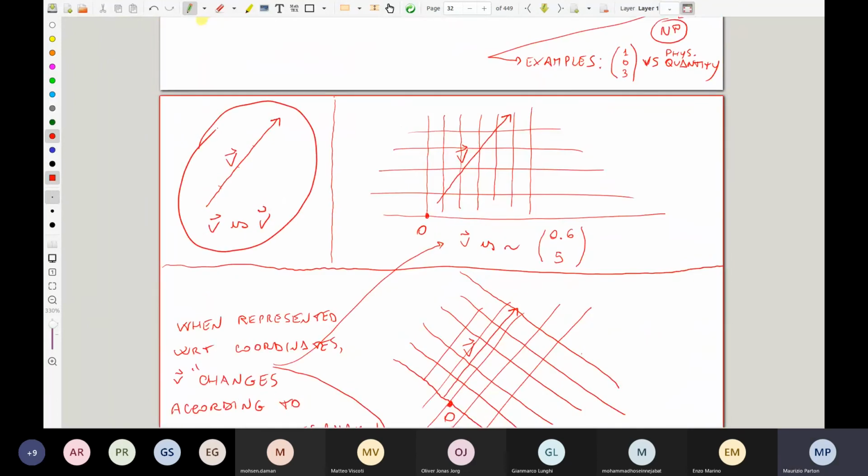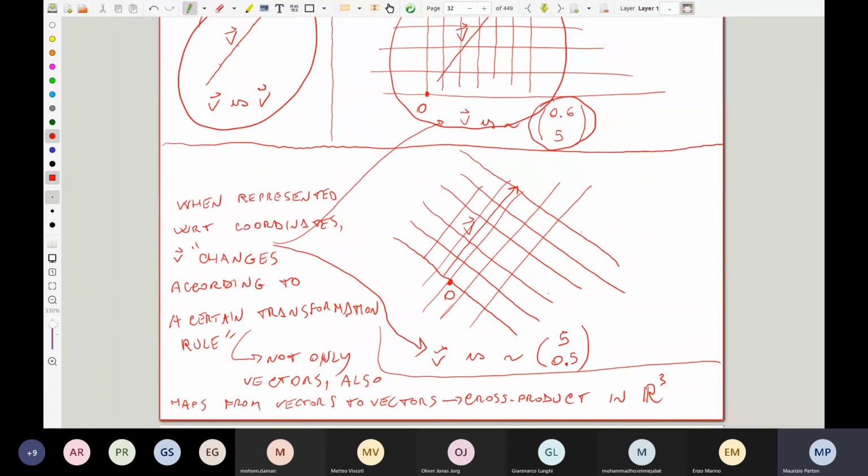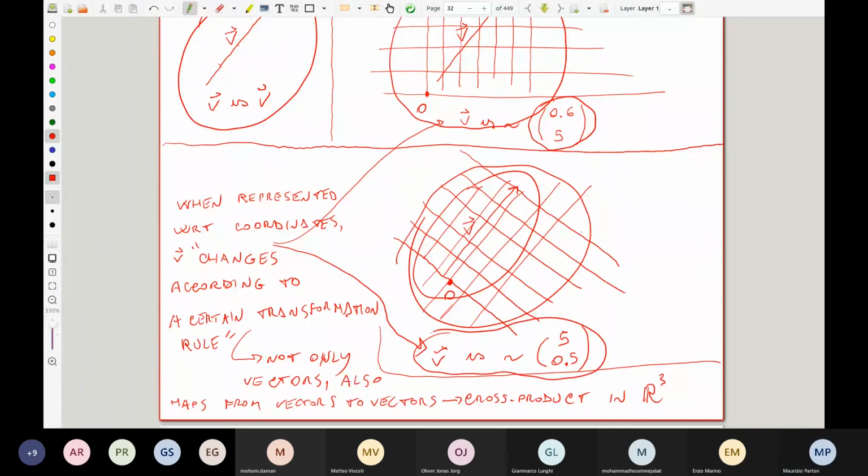Okay, this is expressed by this fact. This is a vector. I wrote B is B, okay? Defined in some way. You put a frame behind it, and you have coordinates, which is, in this case, more or less these numbers. Then you can change your frame, but the vector is still the same. It's not moving, okay? The frame is moving, and in this new basis, the vector is changing numbers, okay?